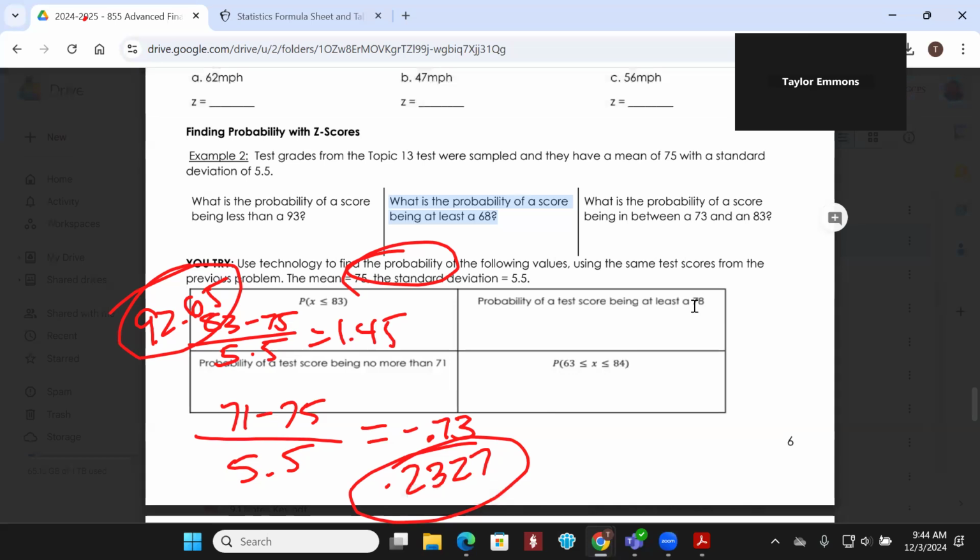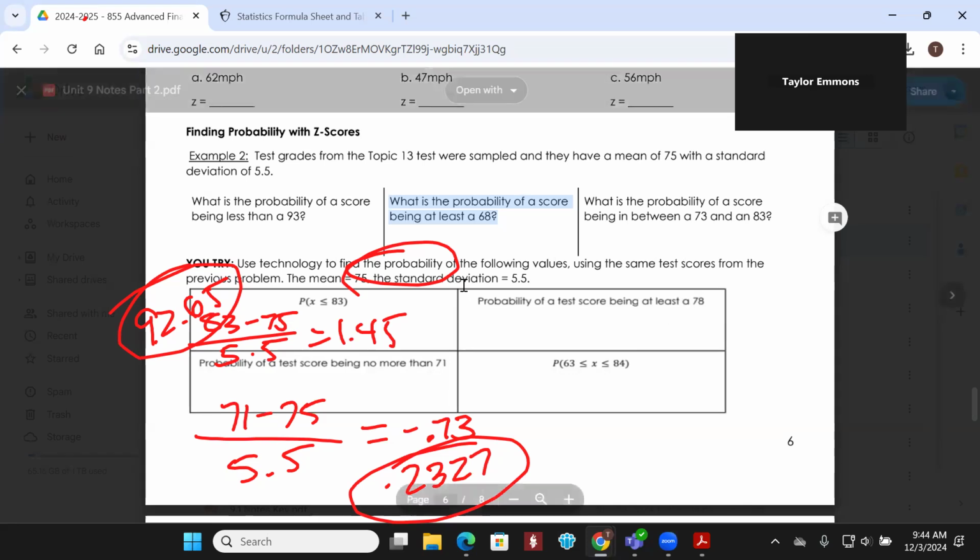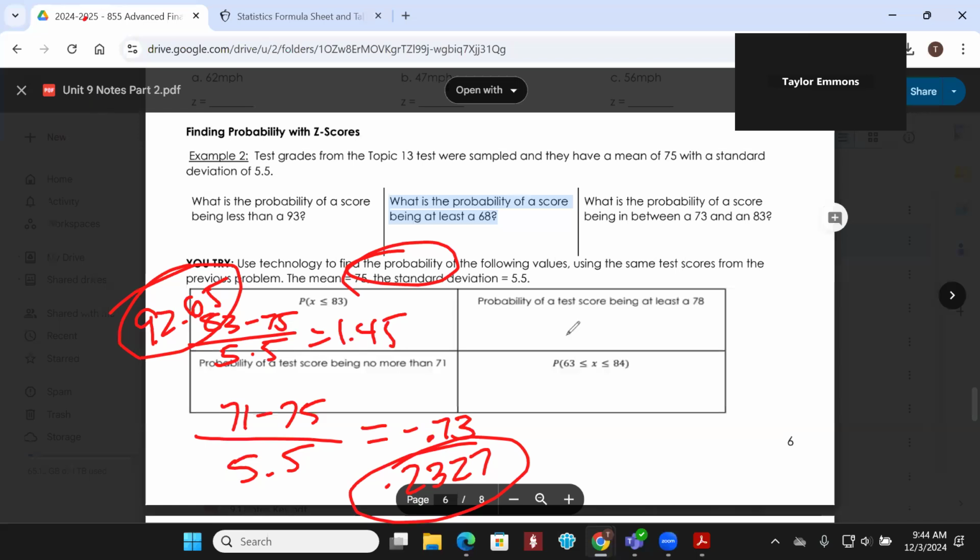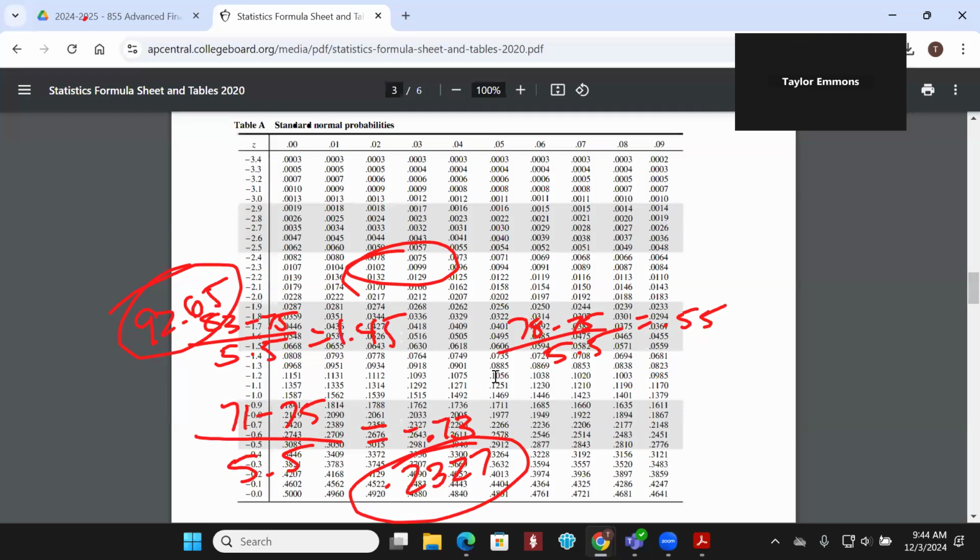On the next one, it says at least. So when we get our probability, we're going to do 1 minus that probability. We're going to do 78 minus 75 divided by 5.5. That's going to give me 0.55. Go into our table.